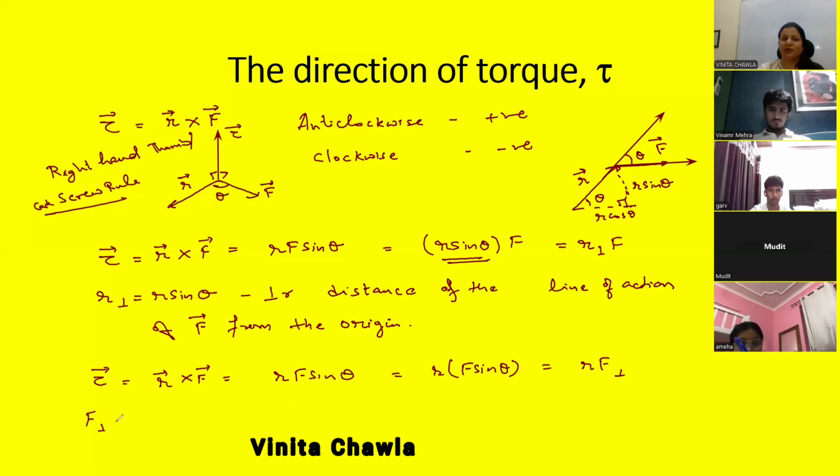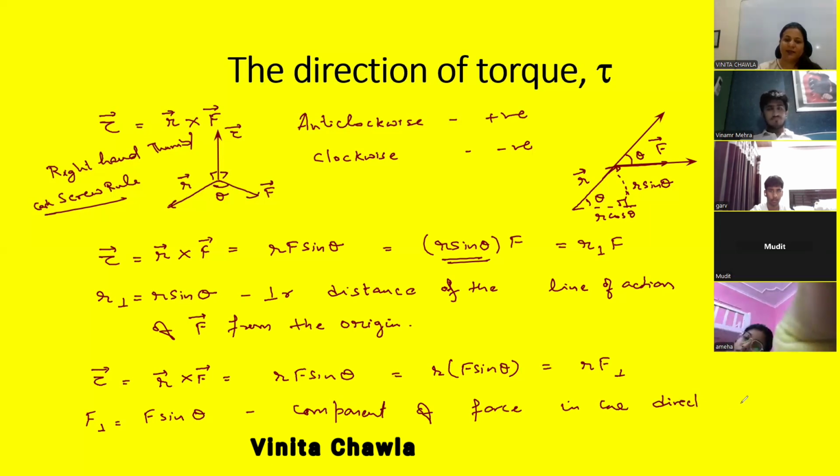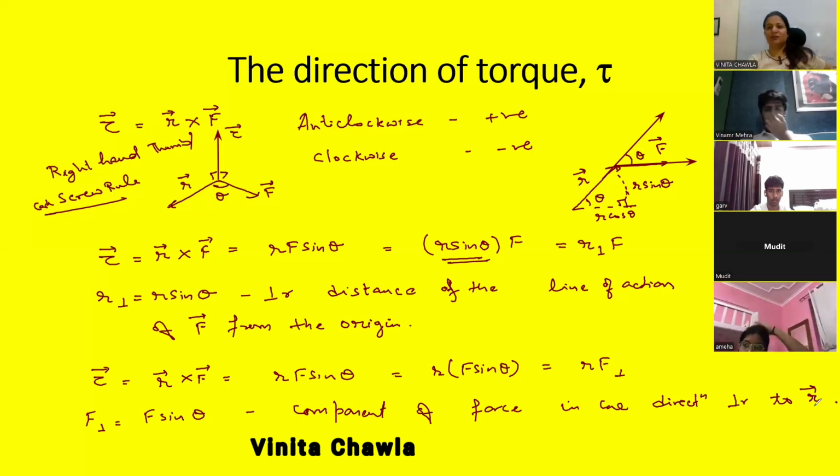This f perpendicular is f sin theta, and it is the component of force in the direction perpendicular to vector r. ठीक है? It is the component of force in the direction perpendicular to vector r.